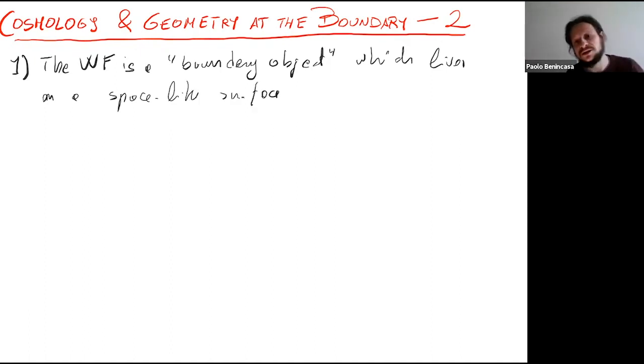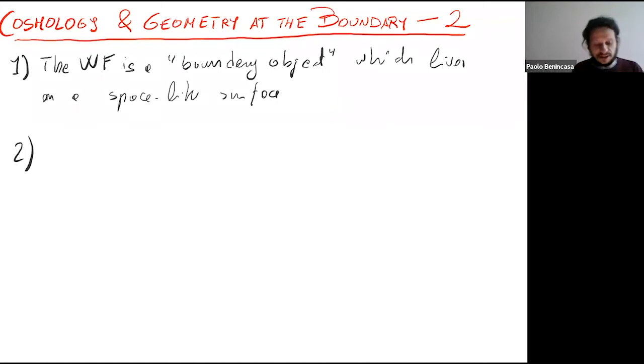So it has all the time evolution integrated out. And so the general question we are asking is how we can extract the fundamental physics just by looking at the wave function without making any explicit reference to a time evolution, so without putting things happening by hand in the past.